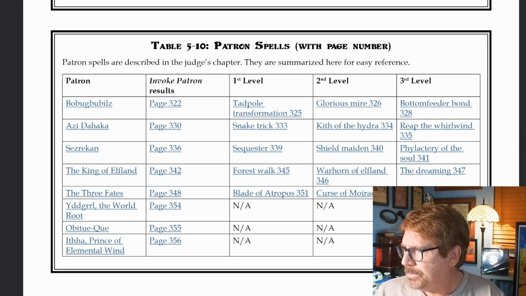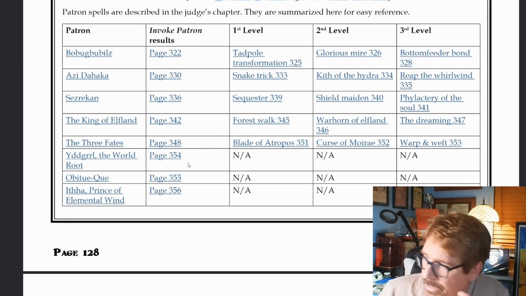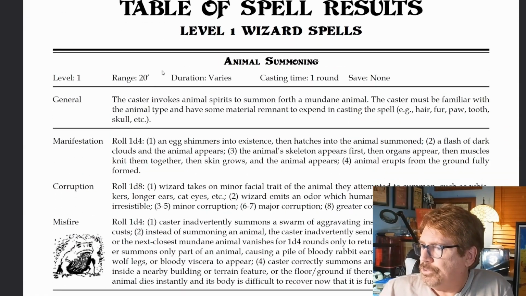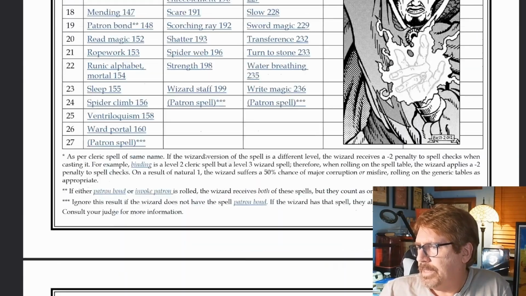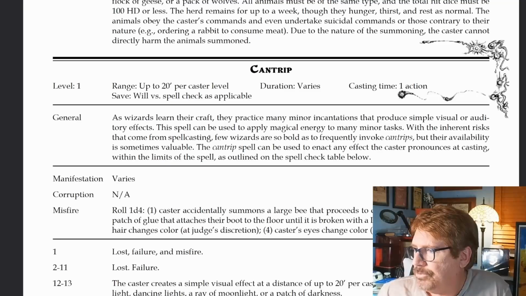So here's the patron spells. They've got their own spells. They look pretty powerful. Pretty cool. Wizard spells. The wizard spells look like this. Fancy. Let's try that. I don't want to lose my place. We'll keep going. Look at these charts. Cantrips.